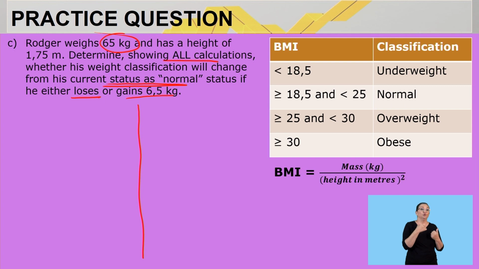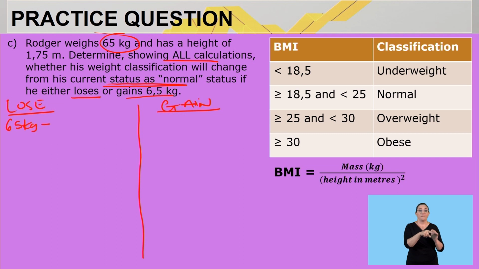We agree? So now I'll start. What will happen if he loses 6.5 kilograms? So first of all, this is if he loses kilograms. This will be if he gains some kilograms. So let's start with losing some kilograms. Currently 65 kilograms.